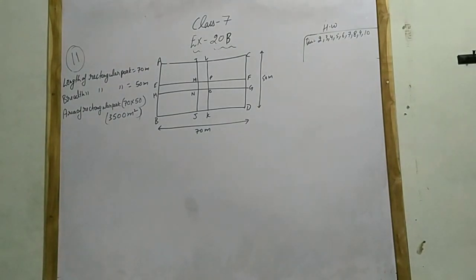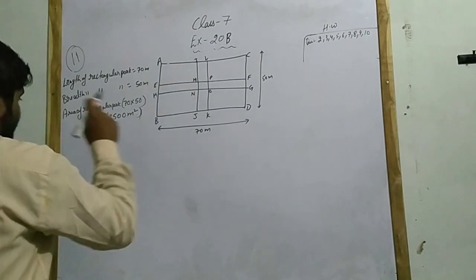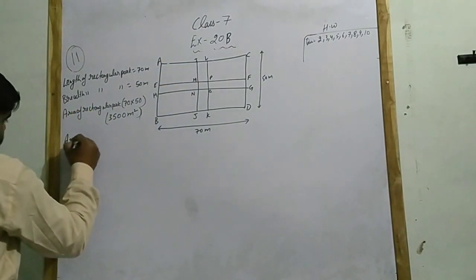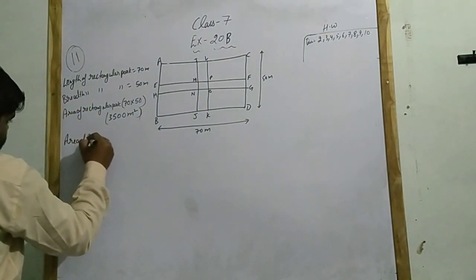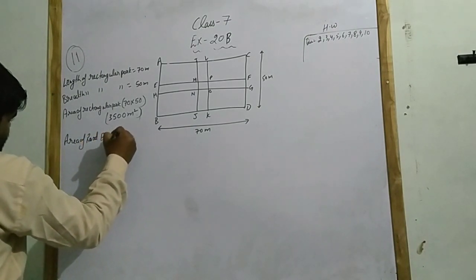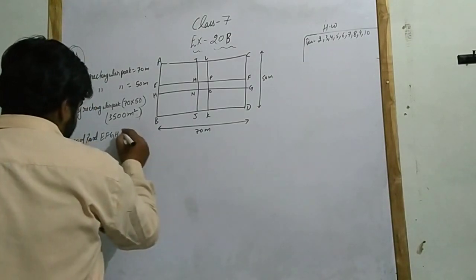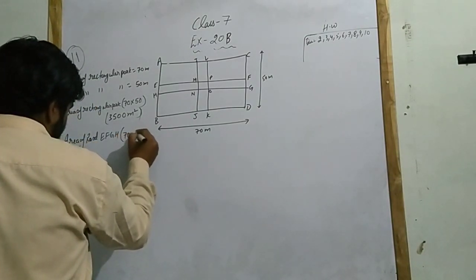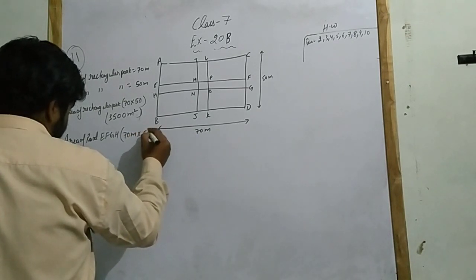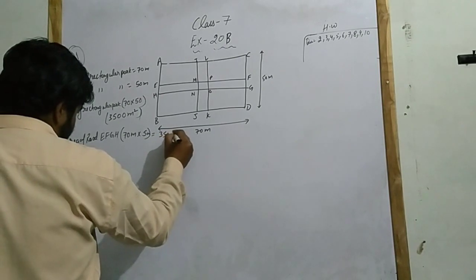Now you will find the area of the road. Area of road EFGH is 70 meter multiplied by 5 meter, equals 350 meter square.